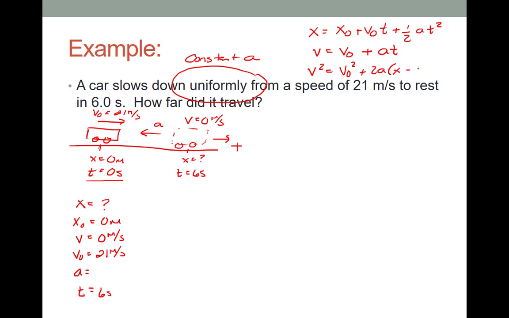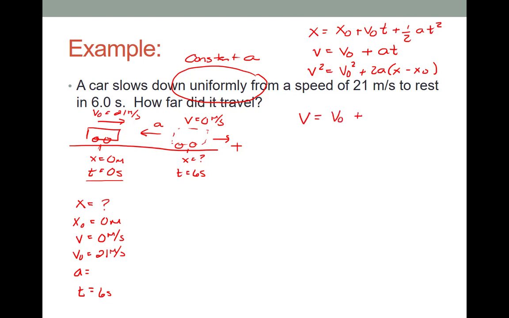I see I have two equations that involve x, the top one and the bottom one. However, both of them also involve the acceleration, which I do not know. Therefore, in order to solve this problem, the first thing I need to do is find the acceleration. And the easiest way to do that is going to be using the middle equation.